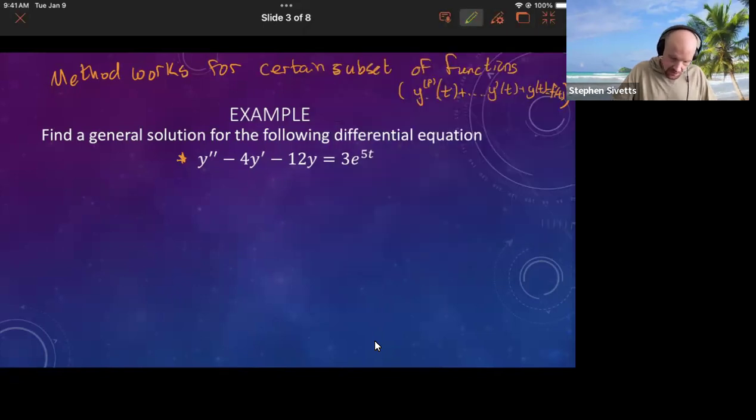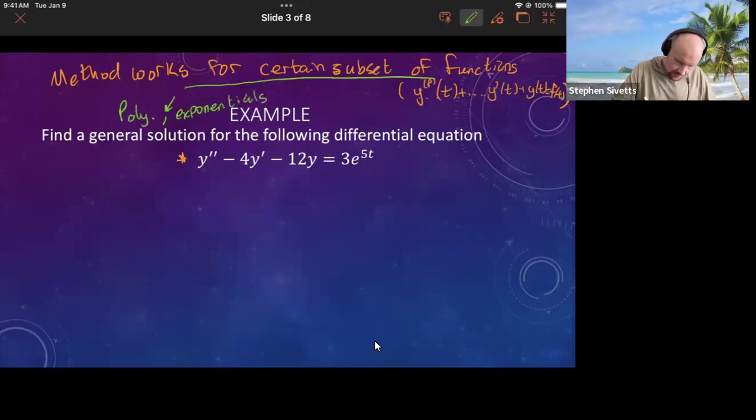So this method would work for functions like polynomials, exponentials, and certain trig functions, or a combination of a product of these functions.